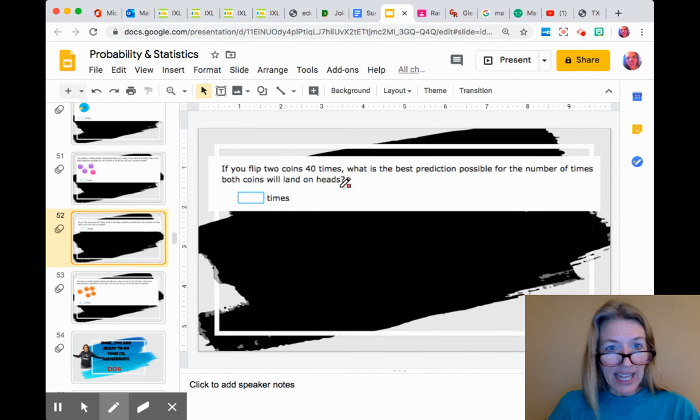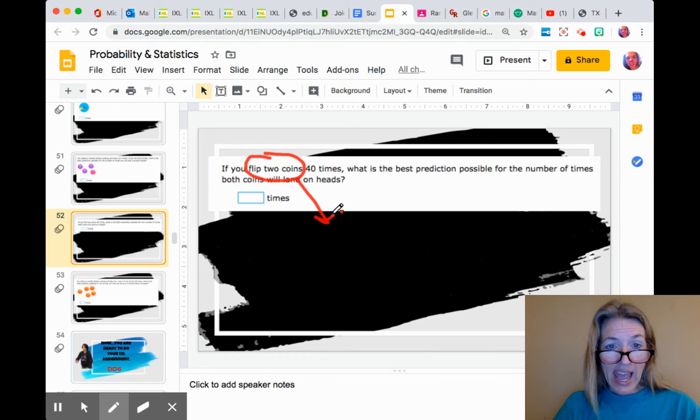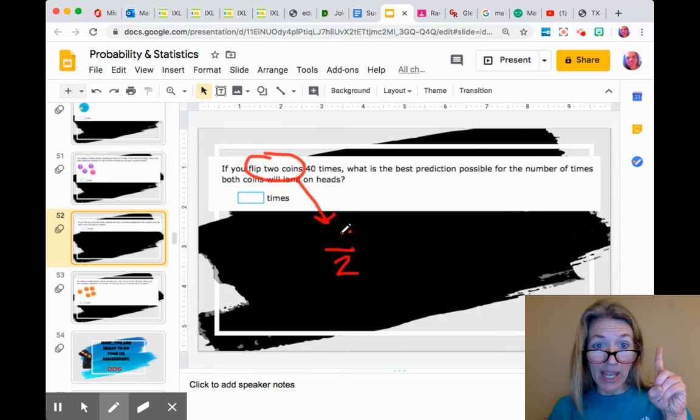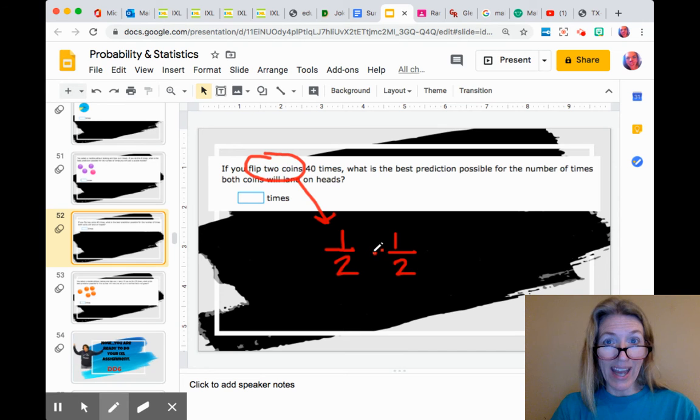Let's first deal with flipping the coin 2 times. I know that the probability of landing on heads for one flip is 1/2. I know that the probability of the second flip landing on heads would also be 1/2.